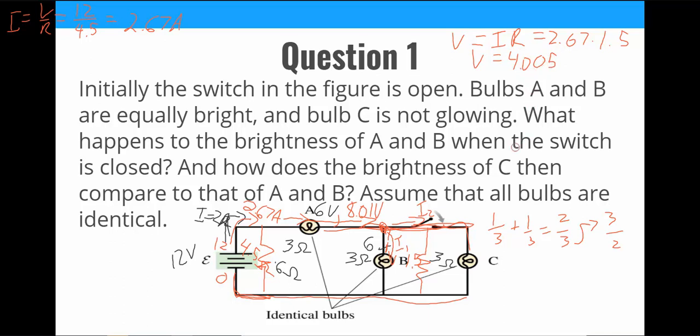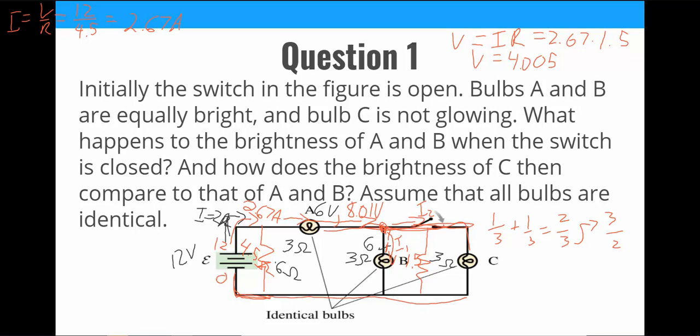Now, it didn't come out exactly 4 because, well, that 2.67 is a little rounded. But that should be 4 volts because of what we just said. But even if you don't know what it is, you know that this much current has to pass through both of these sides, but in the end it acts like this one equivalent resistance. So now I know my voltage drop is 4 volts, right? So now I can split back into each individual one.